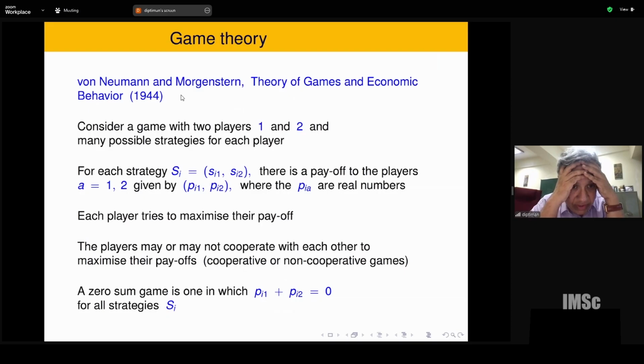So here's a simple version of a game. You consider a game with two players, 1 and 2, and there are many possible strategies that each of these players can adopt. Now, a given strategy S_i is (S_i1, S_i2), where i is the ith strategy, the strategy of player 1 is S_i1 and the strategy of player 2 is S_i2.